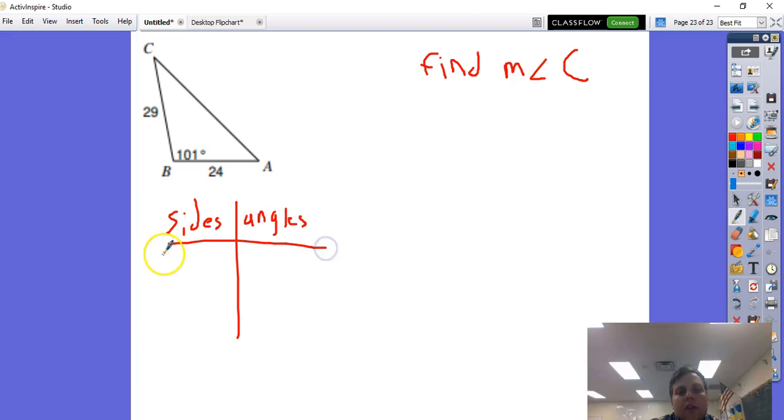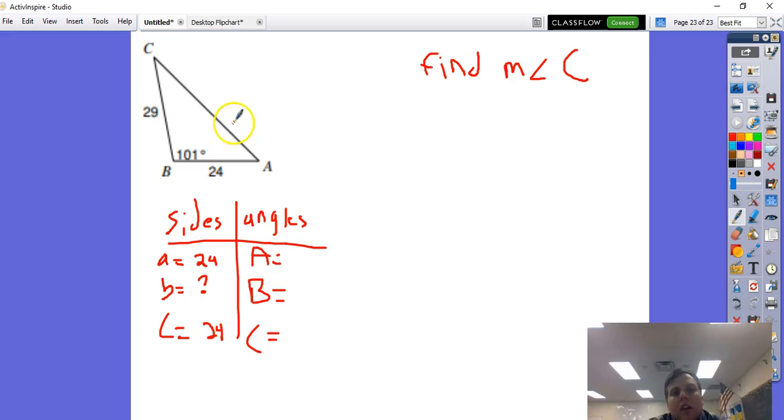So I have side little a, little b, little c, and then I have angle capital A, capital B, capital C. Side little a is the side across from angle A, so that'd be 29. Side little b is the side I do not know, so I'm going to put a question mark there. Side little c is 24.